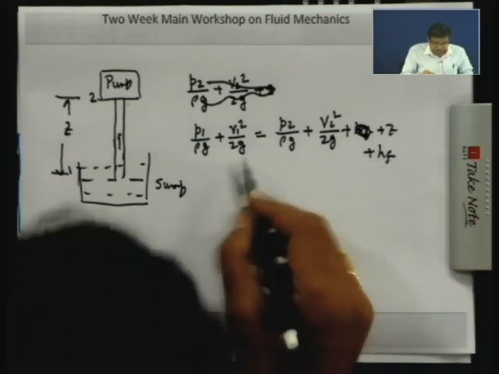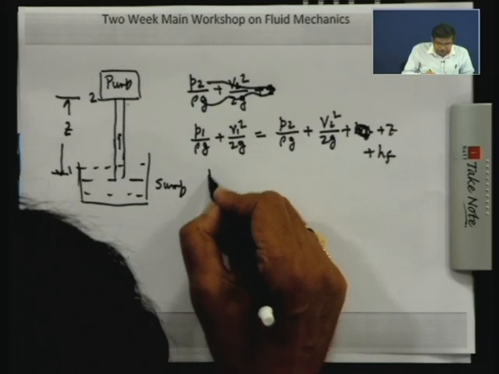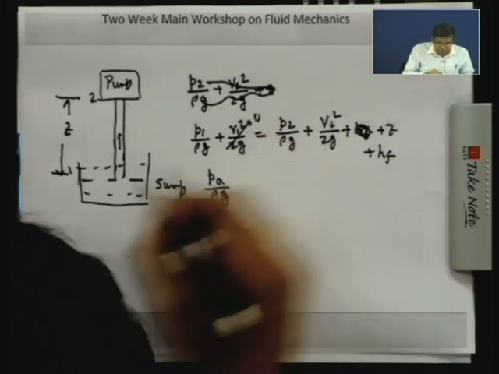Time is short, that is why I am in a hurry. So this P1 by rho g is the atmospheric pressure, Pa by rho g. V1 square by 2g is 0 here.